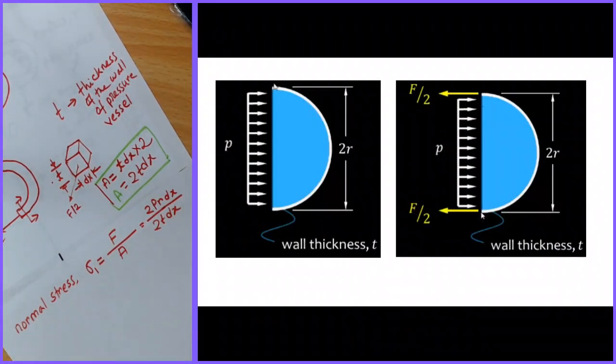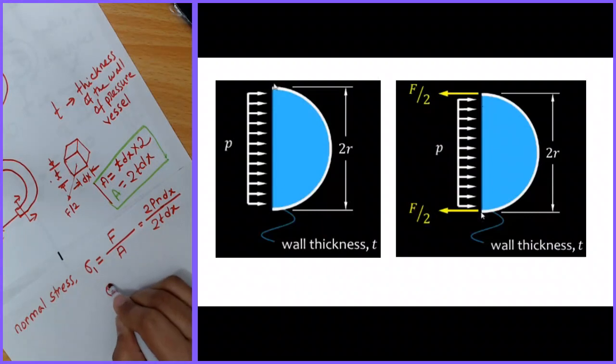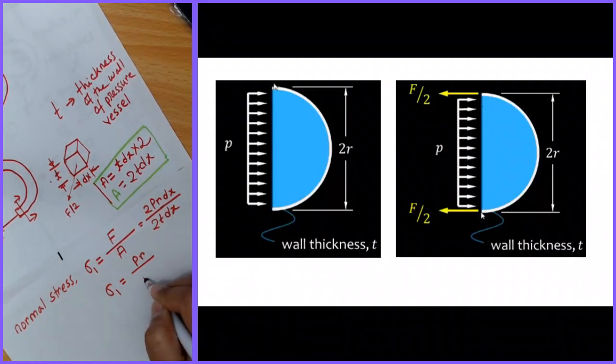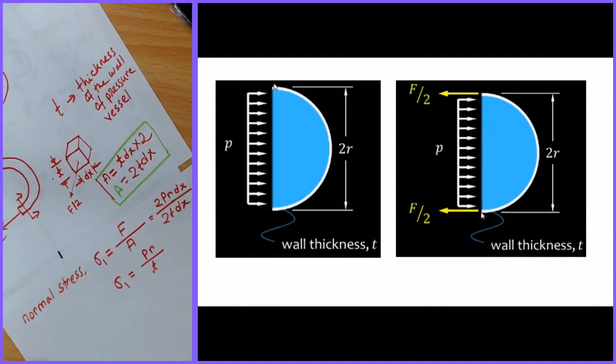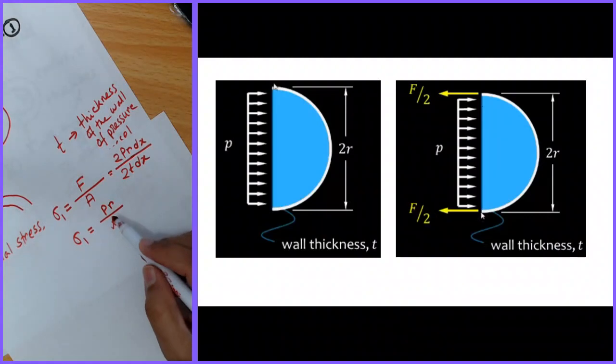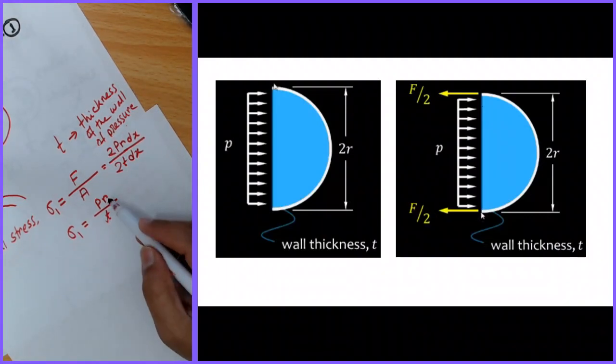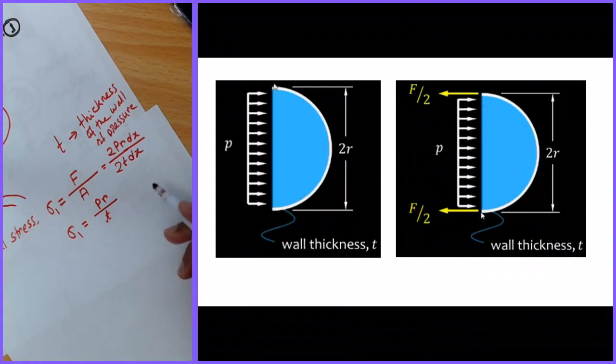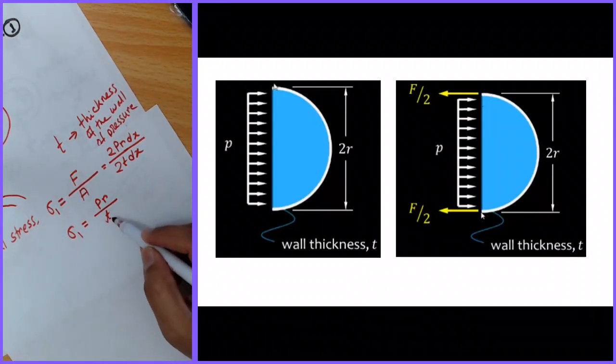So I can say sigma 1 equals PR divided by T. Since normal stress equals the internal pressure inside the cylinder multiplied by the radius of the cylinder, and this radius is the inside radius and T is the thickness.